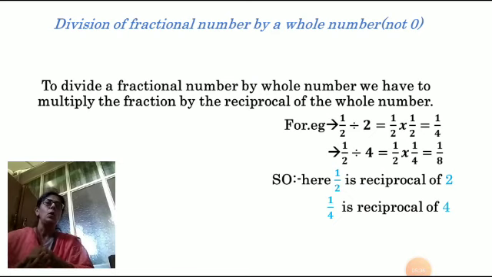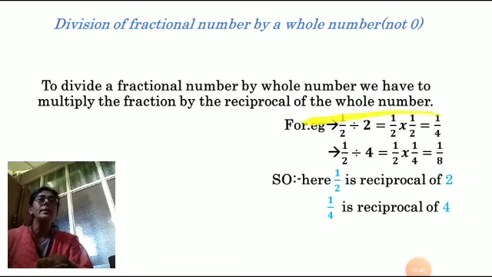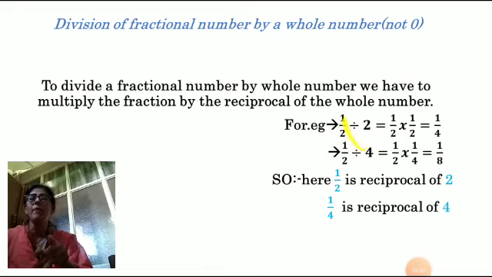To divide a fractional number by a whole number, we have to multiply the fractional number by the reciprocal of the whole number. Whose reciprocal? Of the whole number. Here the whole number is in the division, meaning the whole number is the divisor. So we always have to reciprocate the number which is the divisor.